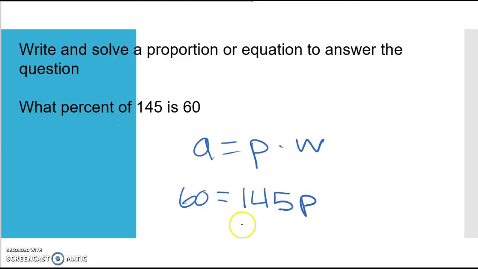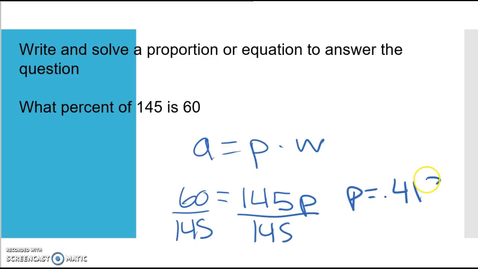So I'm going to divide by 145 on both sides. 60 divided by 145 is going to give me 0.413, but then I have to move the decimal over 2, so my percentage is going to be 41.3%. So let me look at the question, see if that answer makes sense. So if we take 145, we take 41% of that. That would make sense that we would get about 60.